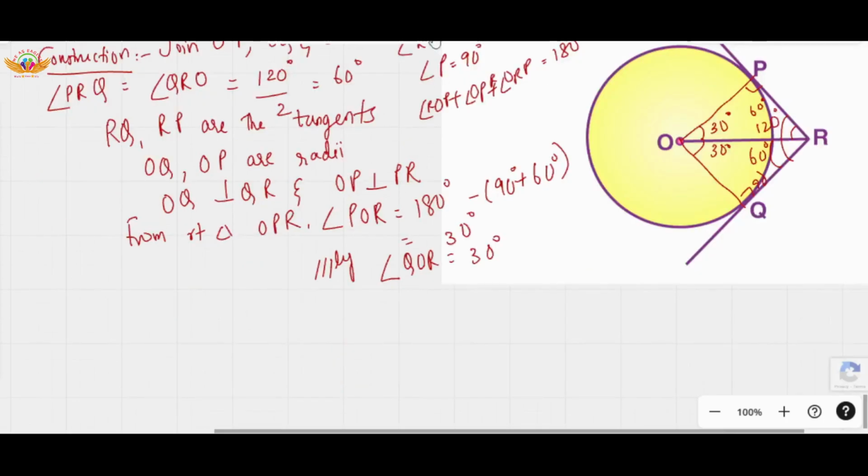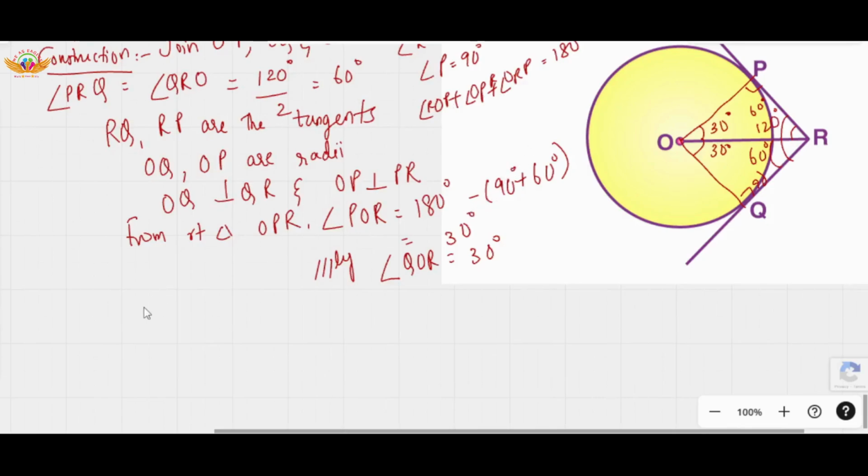So to prove that PR plus QR is equal to OR, I'm thinking what I can do. We have our trigonometric ratios, where we can have opposite sides by adjacent sides. Here we don't want all these angles, we want the sides.